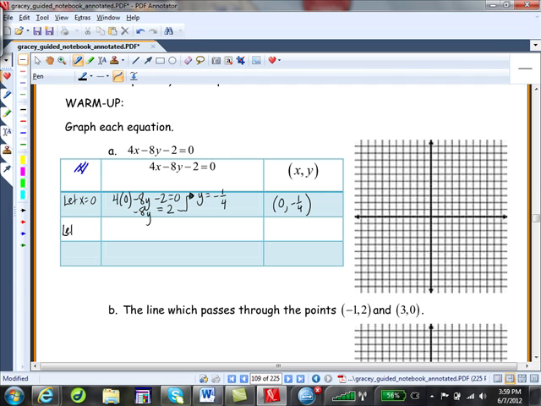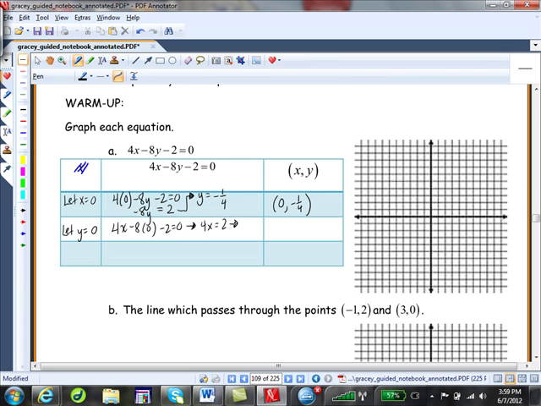Then we'll let y equal 0 to find the x-intercept. So we'll get 4x minus 8 times 0 minus 2 equals 0. That'll give us a result of 4x equals 2 after we add that 2 to both sides.